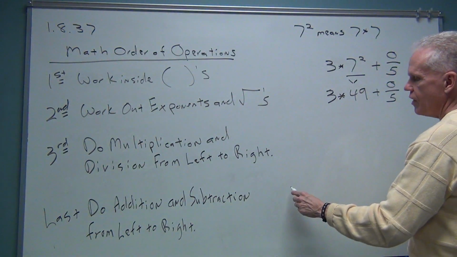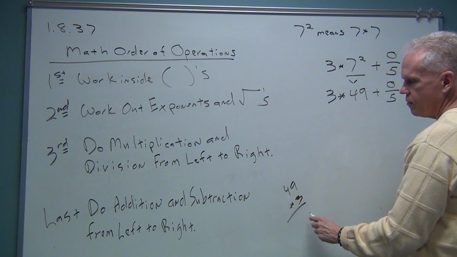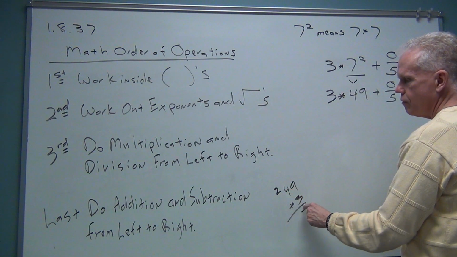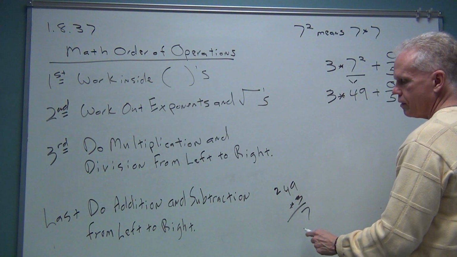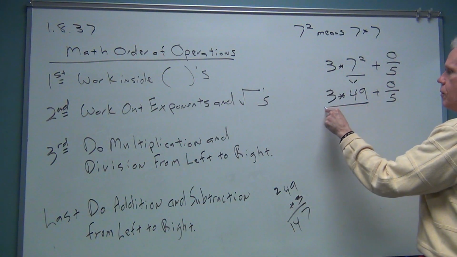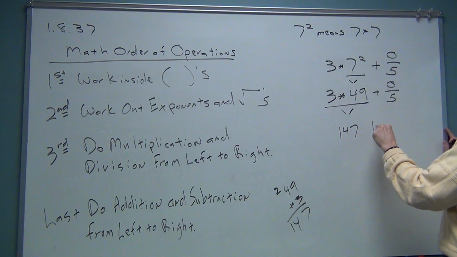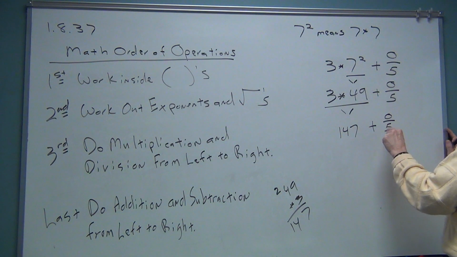If I have to go to the side work to do that, 3 times 9 is 27, carry 2, 3 times 4 is 12, 14, 147. So this multiplication gets me 147, plus 0 over 5.